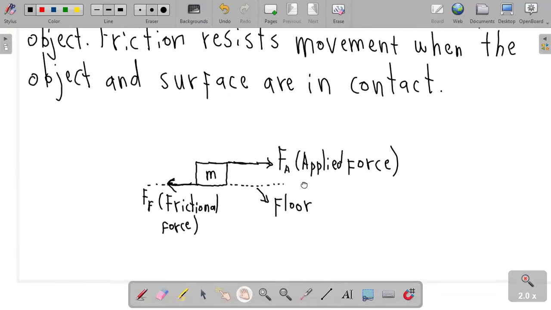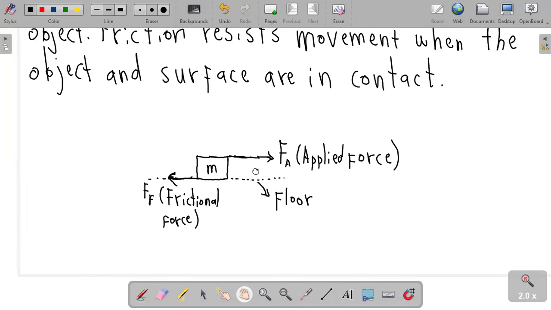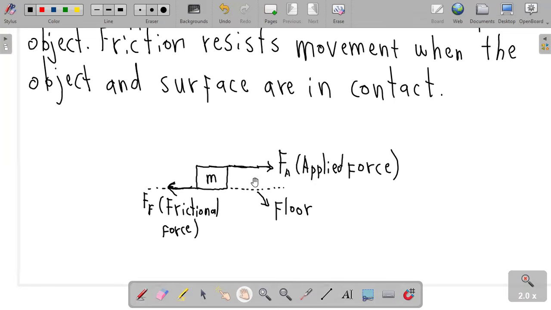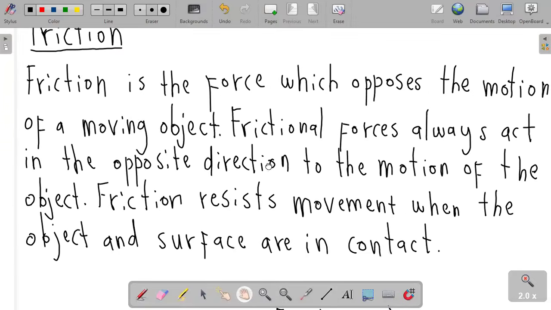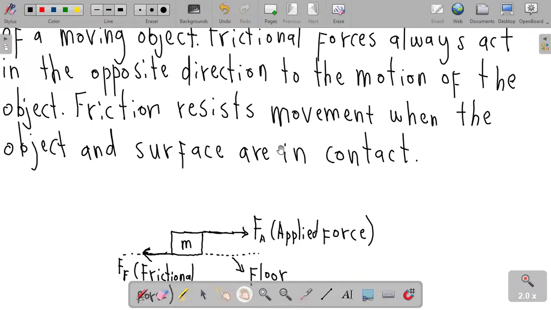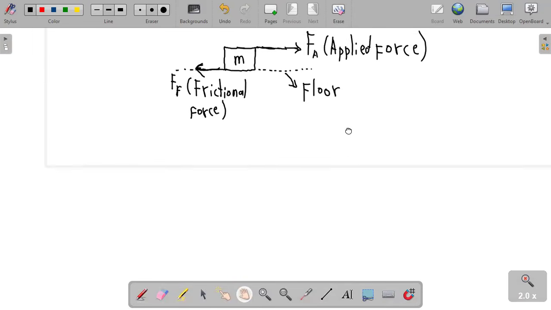It opposes the motion, so it resists the movement when the object and the surface are in contact. So if the applied force is to the right, the frictional force will go to the left. That's it there.